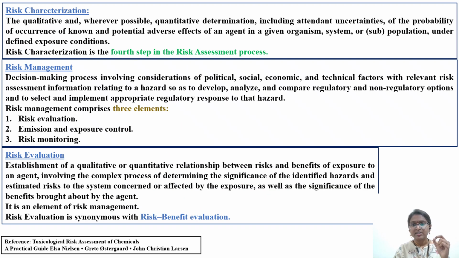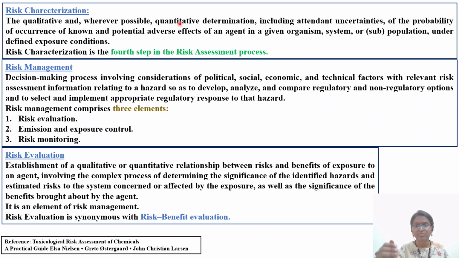Okay, so we'll see some more terms with respect to risk. So we have risk characterization. Risk characterization is qualitative, sometimes wherever possible quantitative. Qualitative means you cannot quantify it as number 1, 2, 3, or in terms of units you cannot do it. Certain times yes or no, very severe, moderate, like this, qualitative. Whereas in the case of quantitative, you give some number.